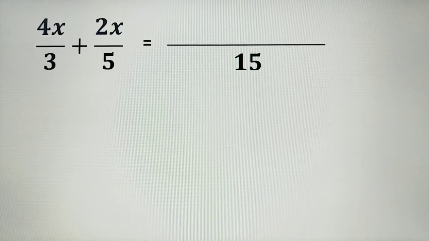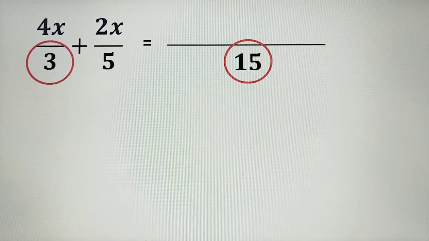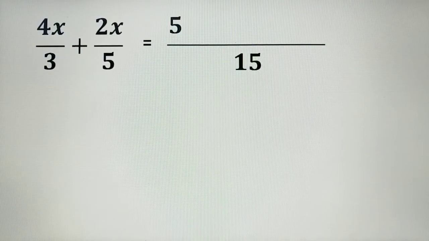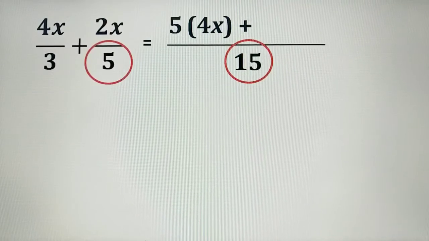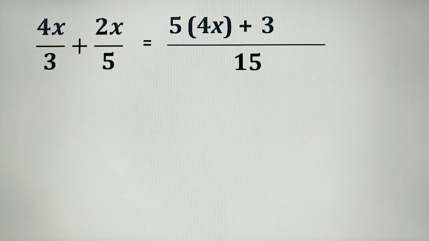How to do that? 15 divided by the denominator 3, that is equal to 5. Then we will multiply it to the numerator in our first rational algebraic expression, 4x, plus 15 divided by the denominator 5, that is equal to 3. Then we will multiply this to the numerator 2x.